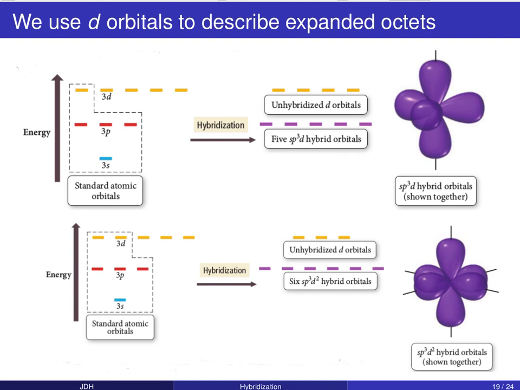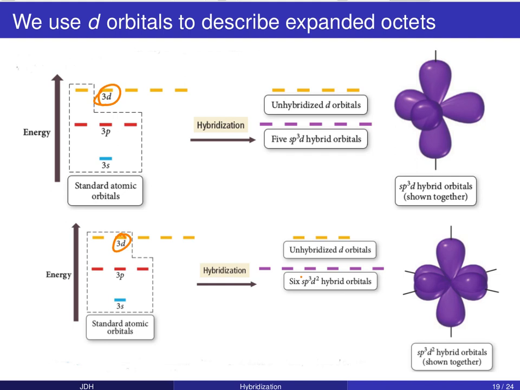And remember back in the previous section when I told you to watch out for these expanded octets, and I told you the situations under which expanded octets will actually form, I said it only happens third row and below because you need to have d orbitals that are close in energy.